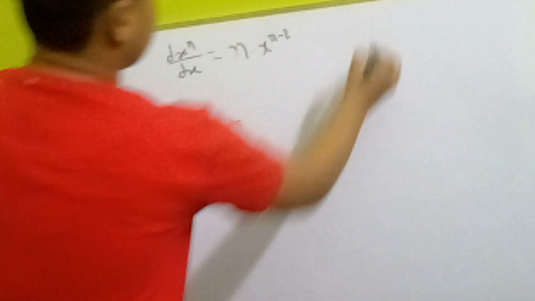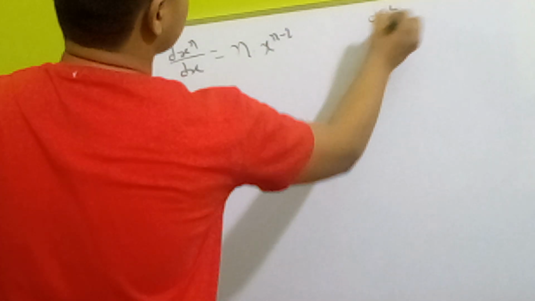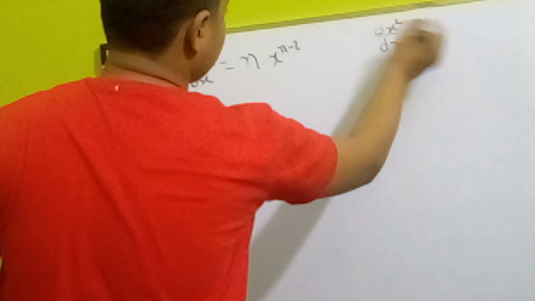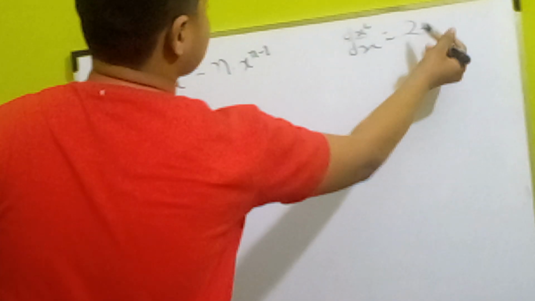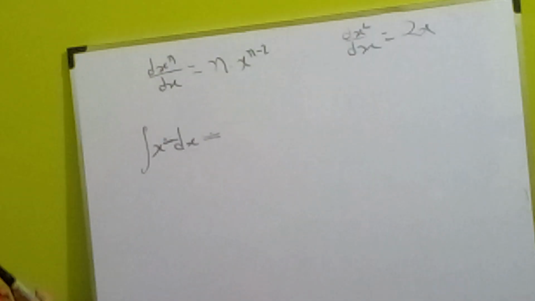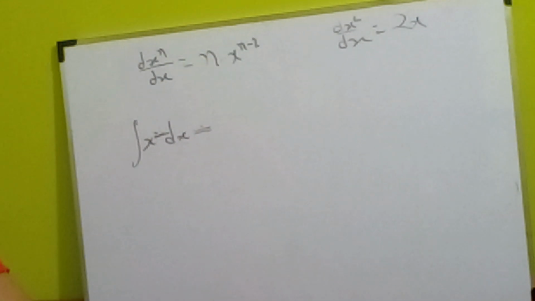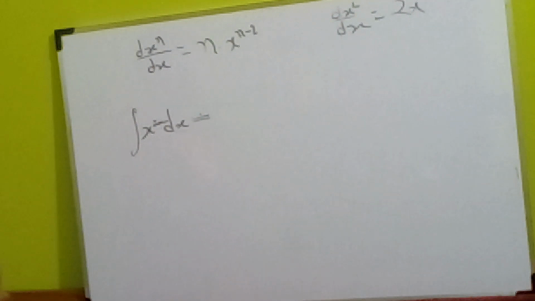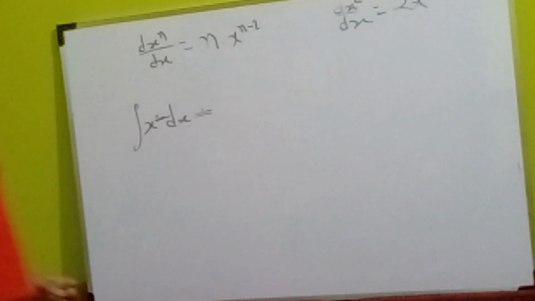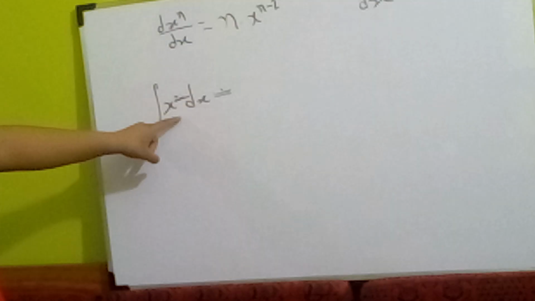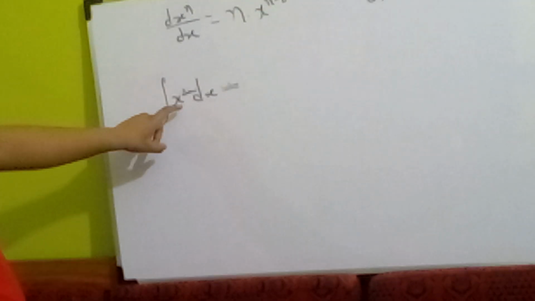The derivative of x squared is just 2 times x. 2 minus 1 is just 1. We don't write 1 in the exponent. So, as we know that integrals and derivatives are the exact opposite, we're going to find which function has the derivative of x squared.